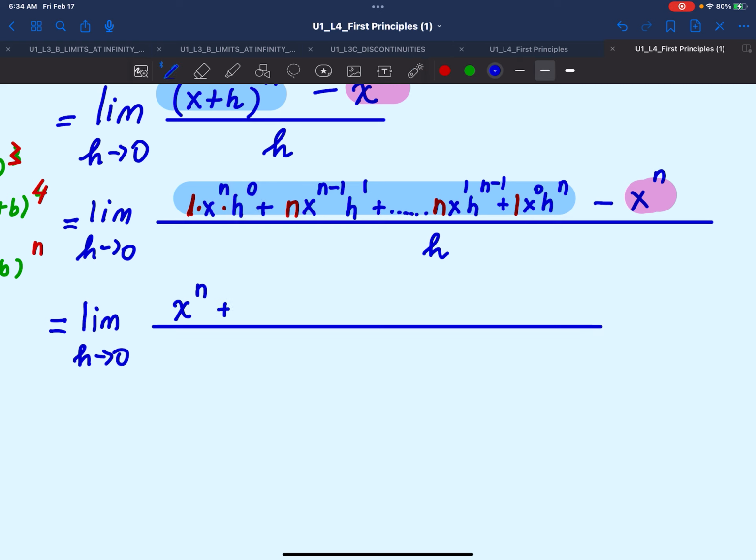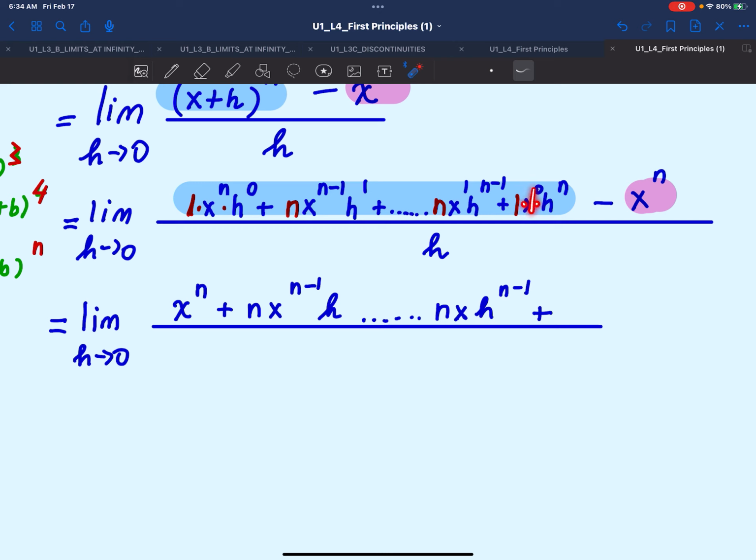The next term will be n x to the power of n minus 1 times h. We'll have a bunch of terms here, and then we'll have n x h to the power of n minus 1. And the very last term will be 1 times x to the power of 0, which is practically equal to 1.